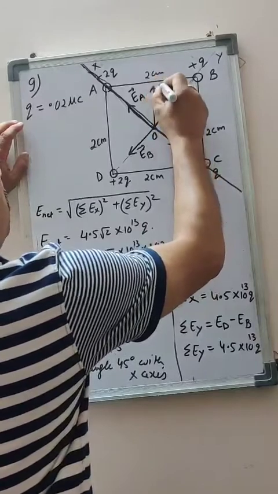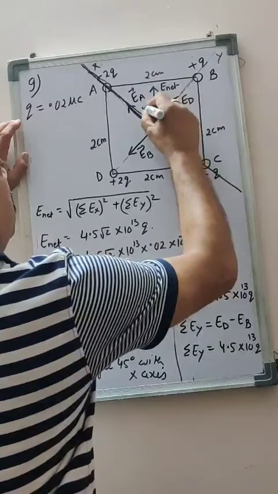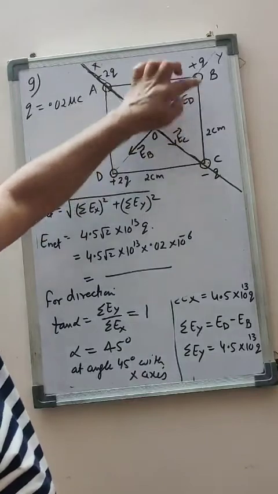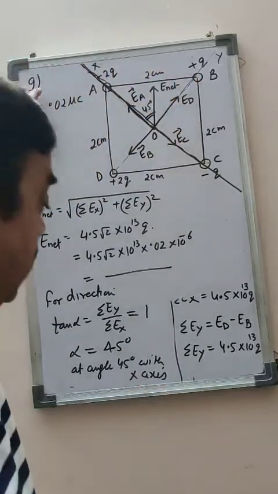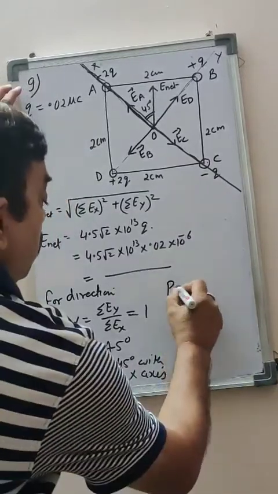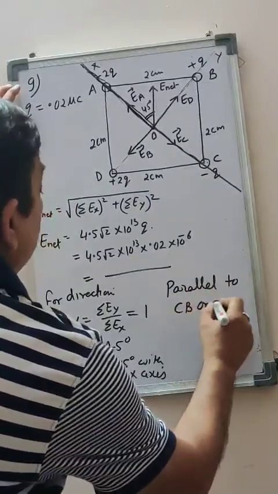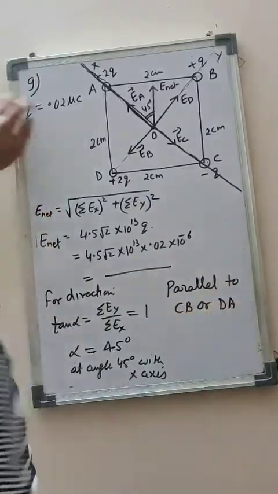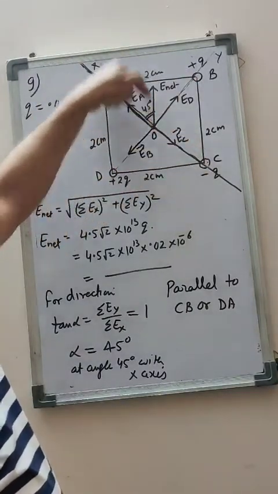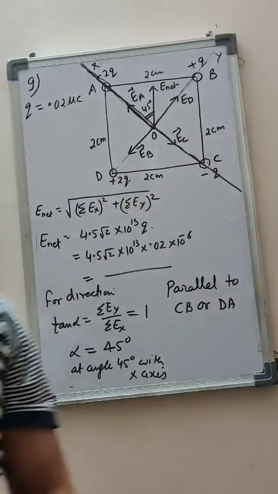Net field, this is 45 degree. That means this will be parallel to CB. What you can write? Parallel to CB or DA. You cannot write parallel to BC because it is in upward direction. So CB or DA. In this way you will be solving the problems.